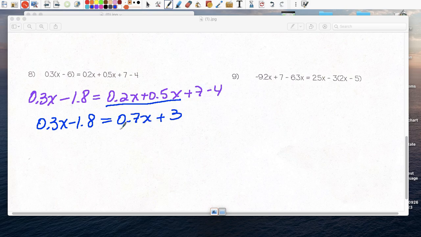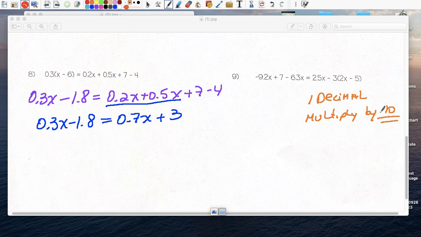Now, notice that we have decimals, and we spent a day on clearing decimals, so let's do that. The coefficient or the constant that has the greatest number of decimals is 0.3 or 0.7. It has one decimal place, yeah? You have one decimal place. What do you multiply? We multiply by 10.